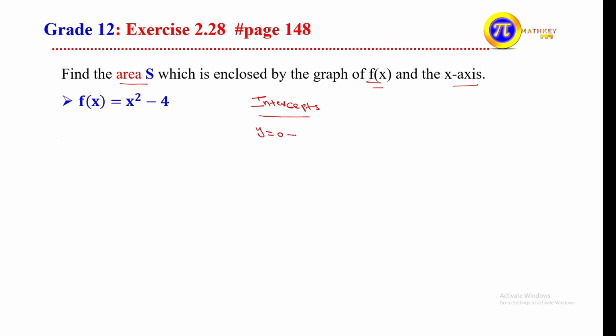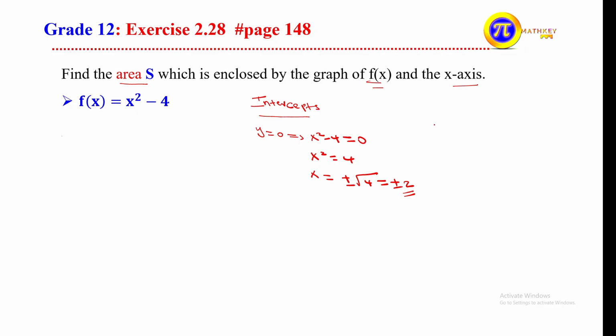This shows that we can find our x-intercept: x squared minus 4 is equal to 0. This implies that x squared is equal to 4. What is the value of x? The value of x is plus or minus the square root of 4, which is equal to plus or minus 2. This is the x-intercept.